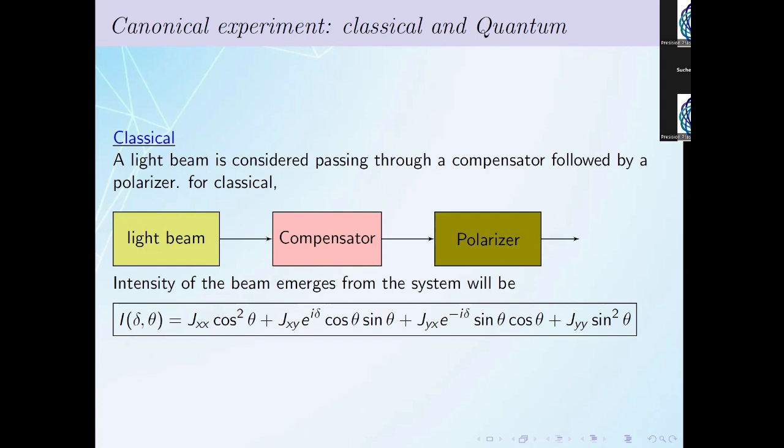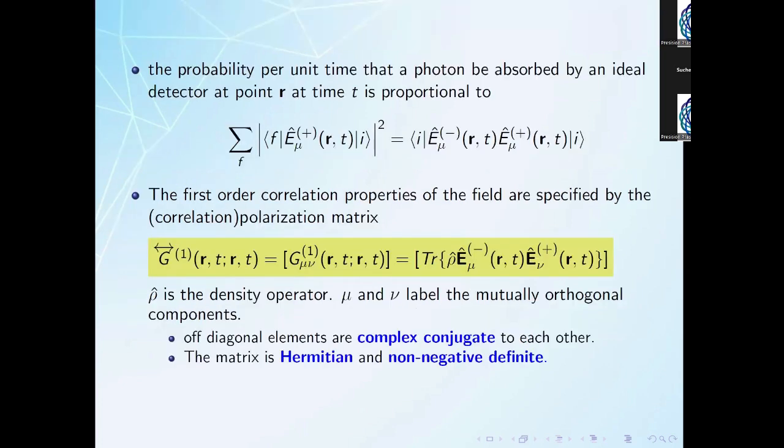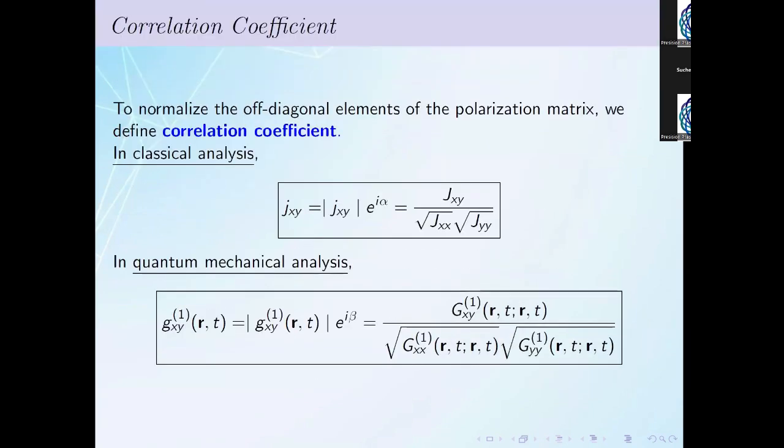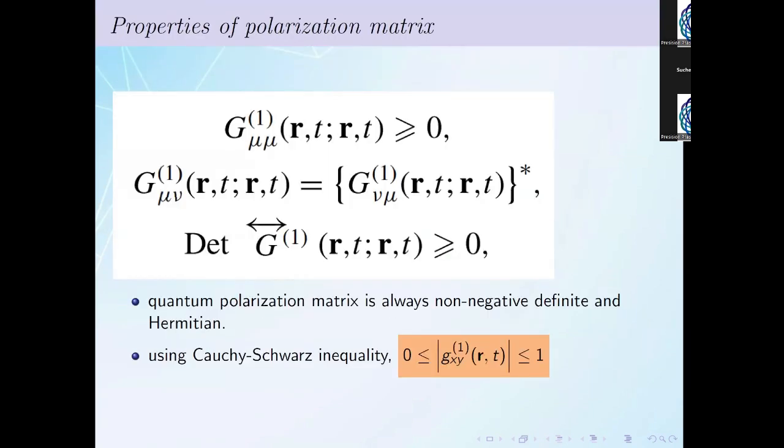In the properties of the polarization matrix, on this slide, we have written these properties, and then you have calculated the correlation coefficient. How do you get to that from this correlation coefficient?